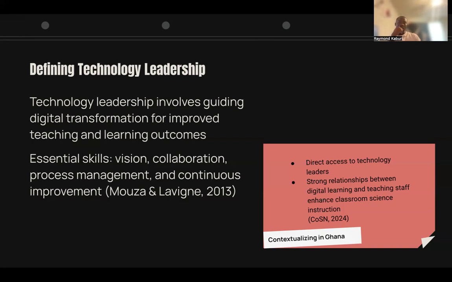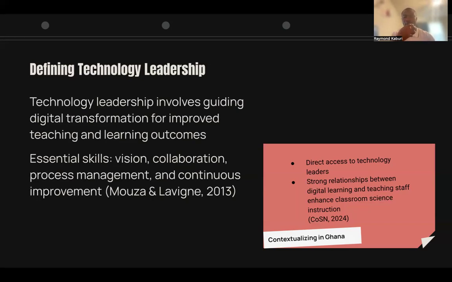to be able to function well and be very effective are that we must have a vision, and it must be collaborative. There should also be process management in terms of how we manage whatever goes into this technology leadership.